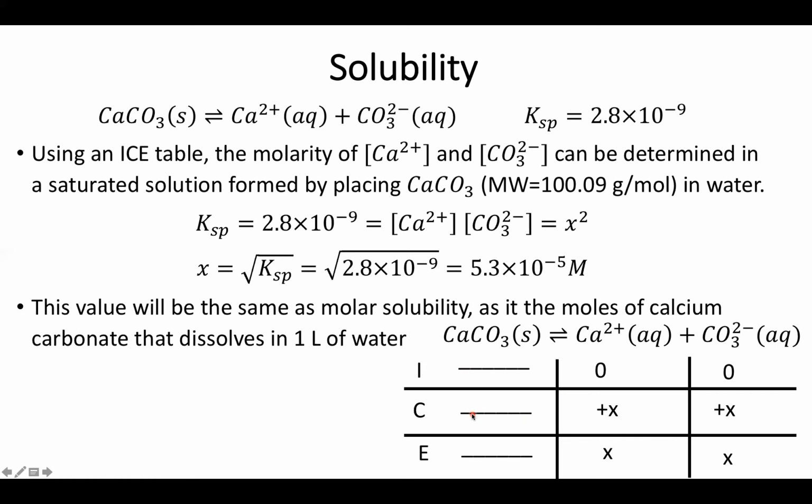So it turns out that the molar solubility will be the same thing as our x value, as long as there's no coefficient in front of your solid. As long as you make sure that's the case, you solve for x, you solve for s. So our molar solubility is about 5.3 times 10 to the negative fifth.